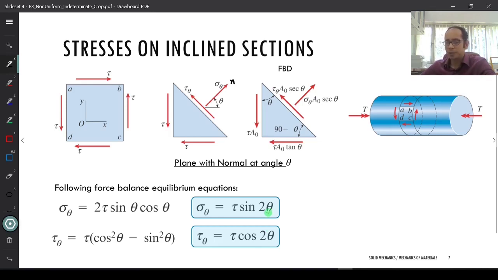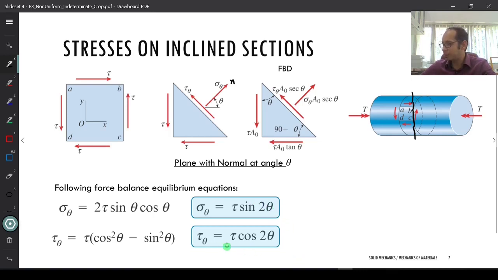See, what we hypothesized is that if I was taking the plane which was perpendicular to my longitudinal axis, I did not have any axial stress, I had only shear tau. So that means if my normal is exactly aligned here, that is theta equals 0. So if in these equations we put theta equals 0, what do I get?